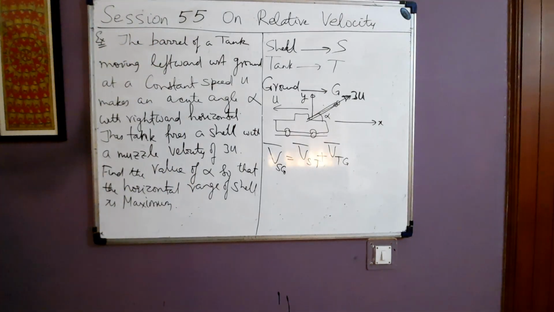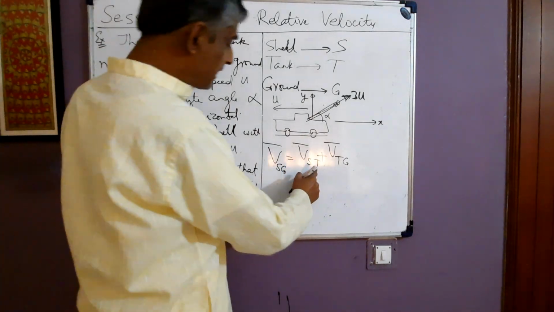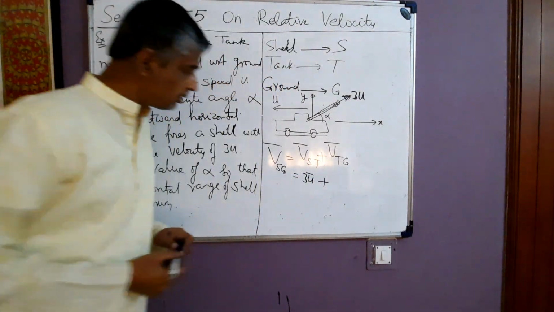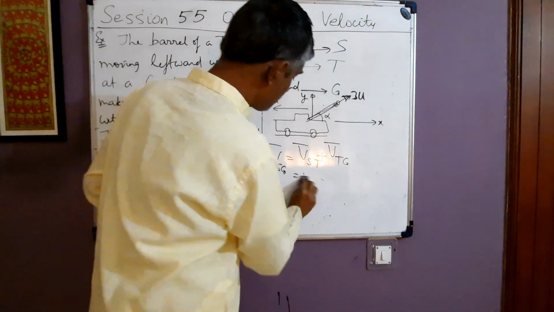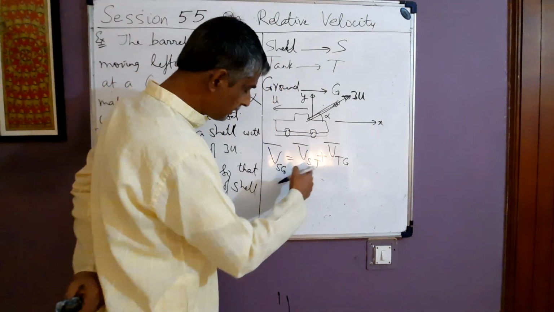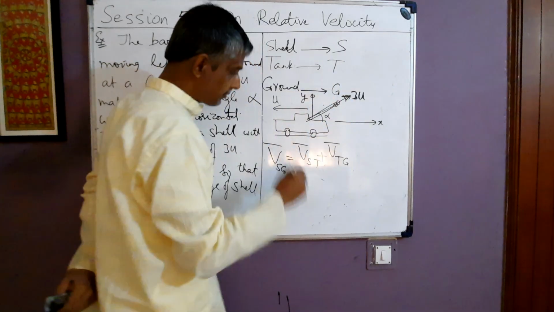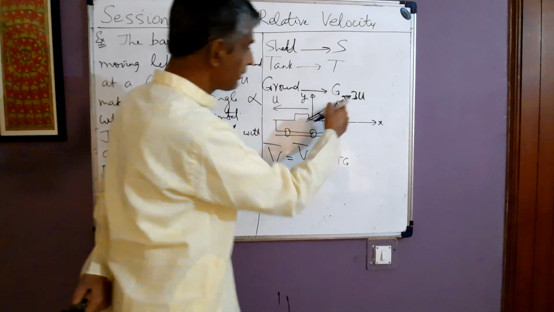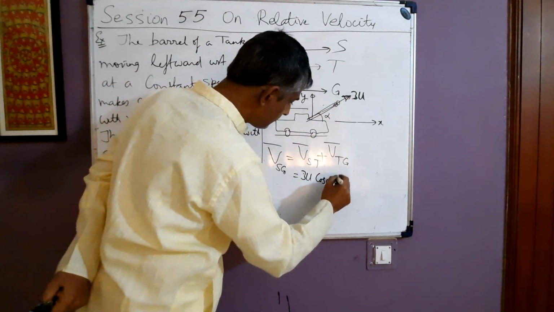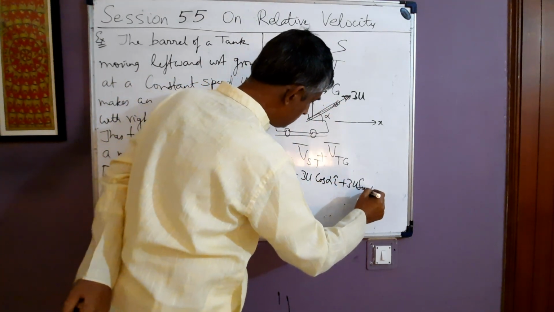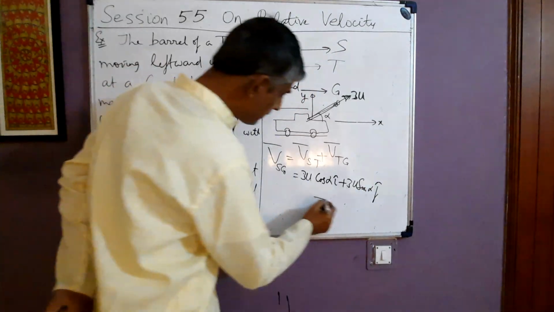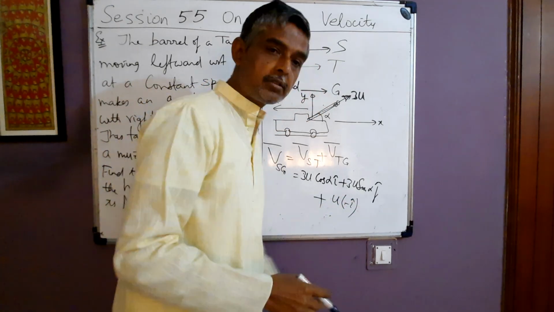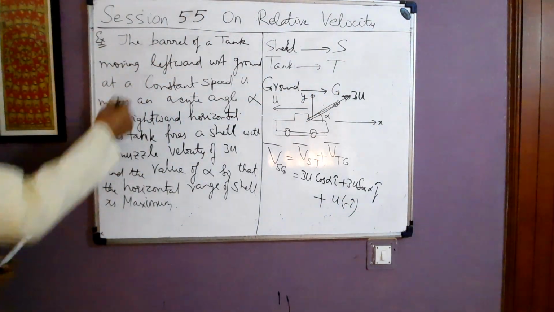The velocity of the shell with respect to the tank is the muzzle velocity 3u along this direction, so in components it is 3u cos alpha i hat plus 3u sin alpha j hat, plus the velocity of the tank with respect to ground, which is u in the negative x direction, u into minus i hat.